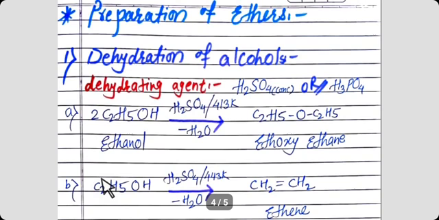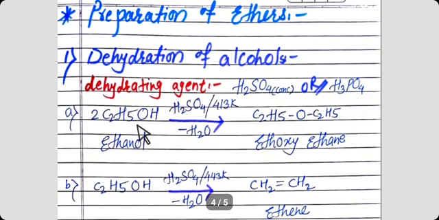The first method for the preparation of ether is dehydration of alcohol. In dehydration of alcohol, we are using a dehydrating agent, sulfuric acid or phosphoric acid, either concentrated H2SO4 or H3PO4.